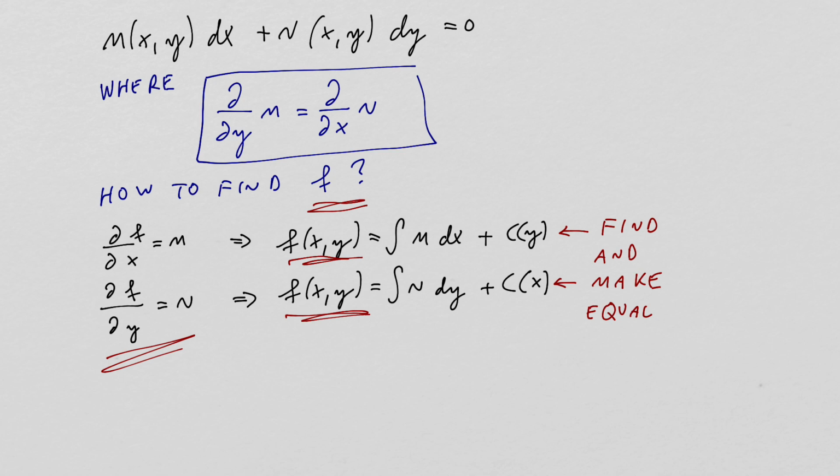Now, while integrating with respect to x, we can get some constant which depends on y. And while integrating with respect to y, we can get some constant which depends on x. So, the goal is to write both of these expressions and then choose the constants in that way that these expressions are equal.